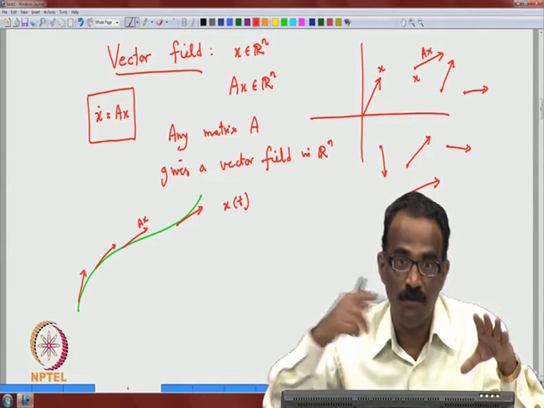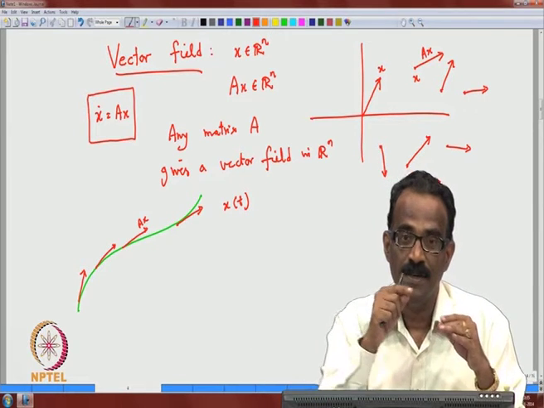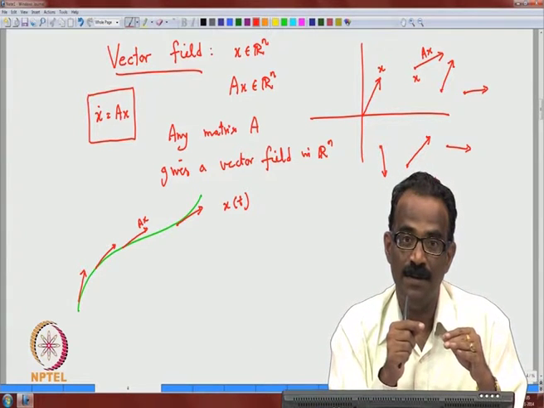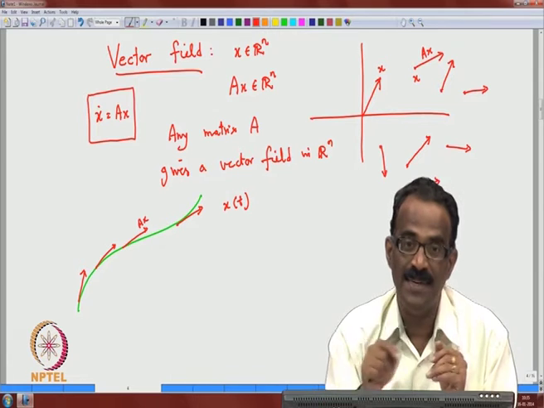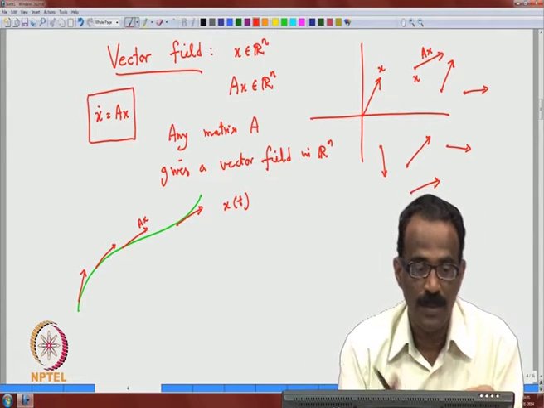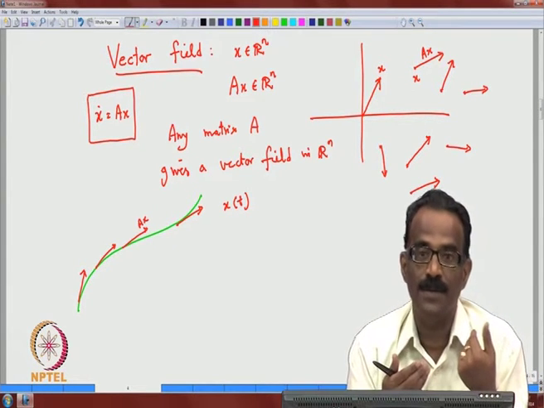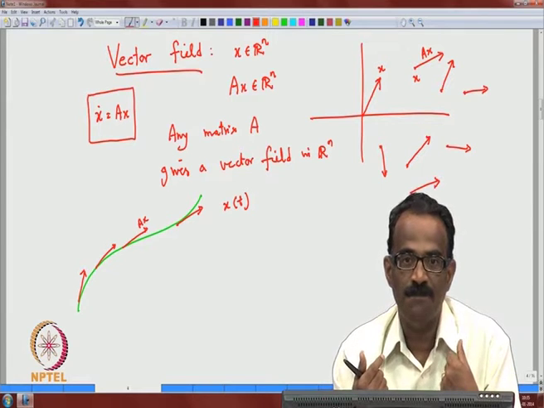So, you are trying to find trajectories in such a way that at each point on that curve the tangential vector coincides with the vector field given to you. So, the moment you are given a linear system like x dot equal to Ax, you want to plot your vector field in that way.